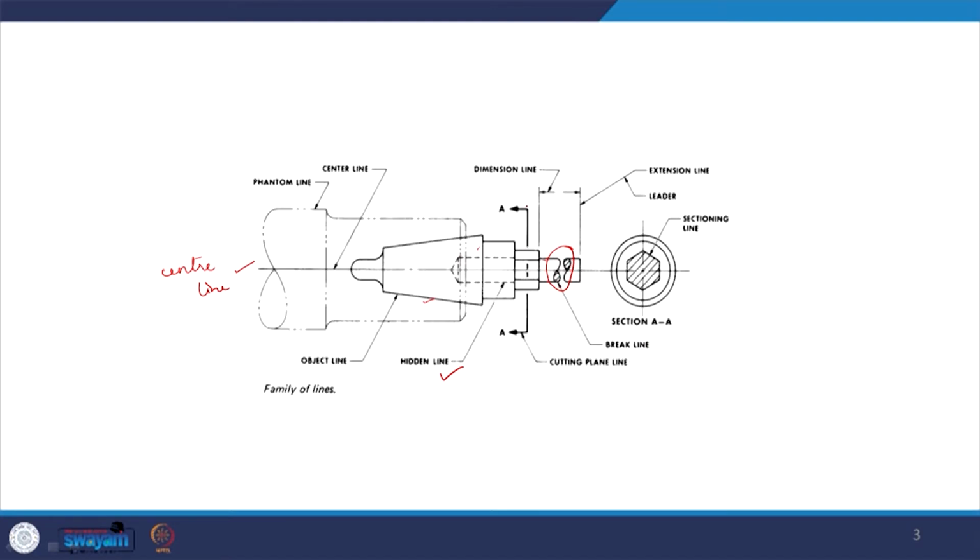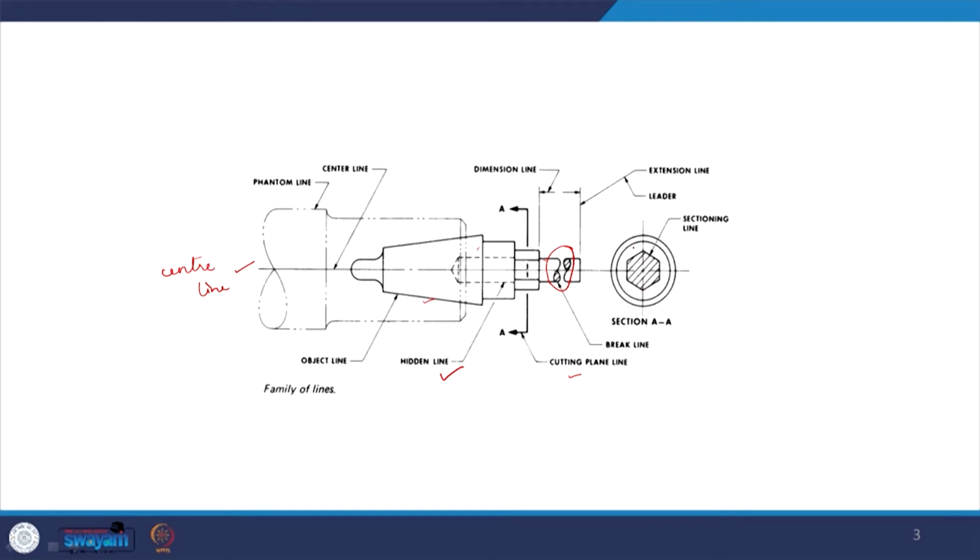Now you also see that there is a cutting plane line, or a cutting section line. It means that the object is being cut from here when we are seeing the section. If we cut this object here and look from this side, we can see that there is a hexagon which is being cut, and that is why we see a dark line with shade, this hatch here. So this is the hexagon.